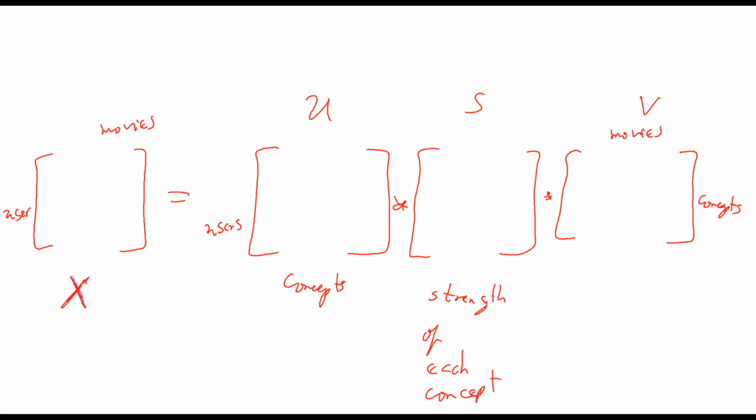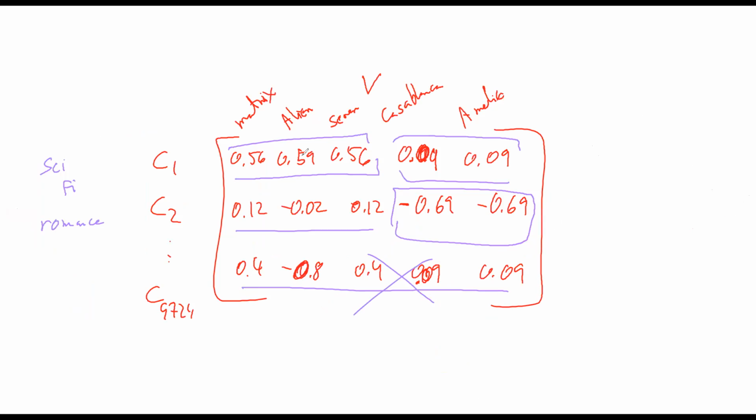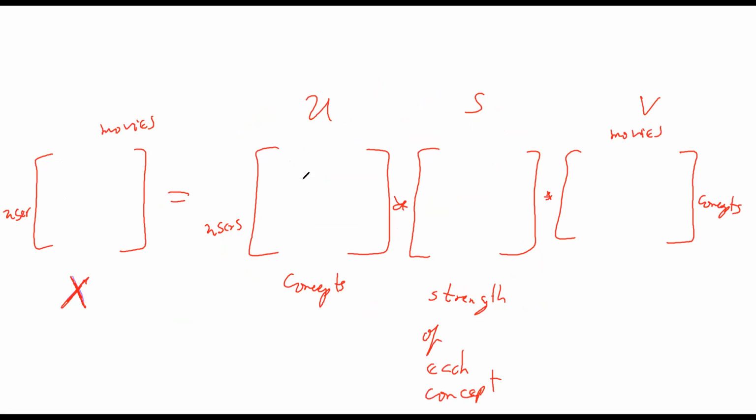So as we saw before, here we map the matrices to these concepts. And hopefully it would discover things like sci-fi, romance, but it could also discover Will Ferrell or something else. Movies about hurricanes. I don't know. You just don't know. But that's the beauty of it, that it can actually discover interesting things.